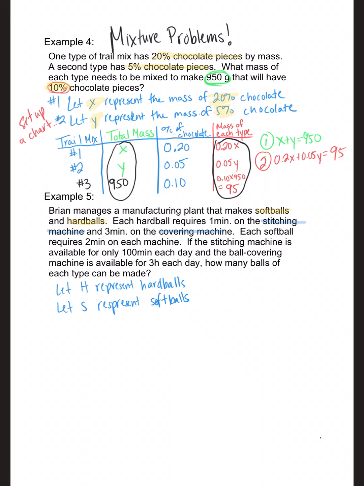Let's say that we're going to have softballs, and we're going to have hard balls. Okay, and then let's also say that we're going to have a stitching machine, and we will have a covering machine.